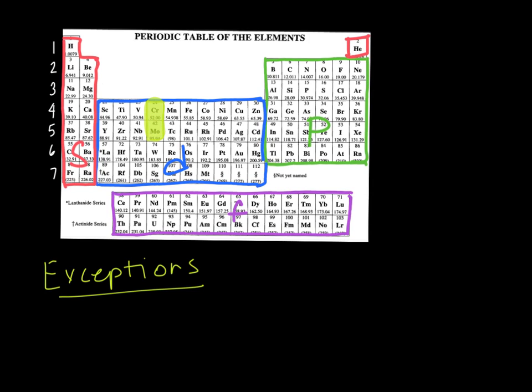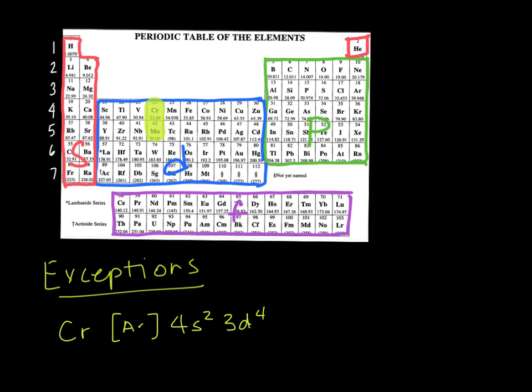Chromium's expected electron configuration, and I'm just going to write the shorthand, is going to be argon 4s2 3d4.